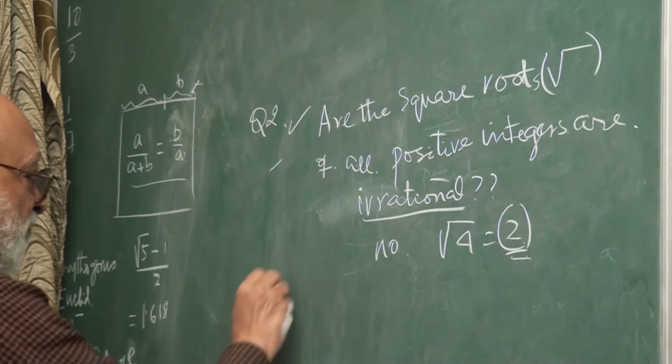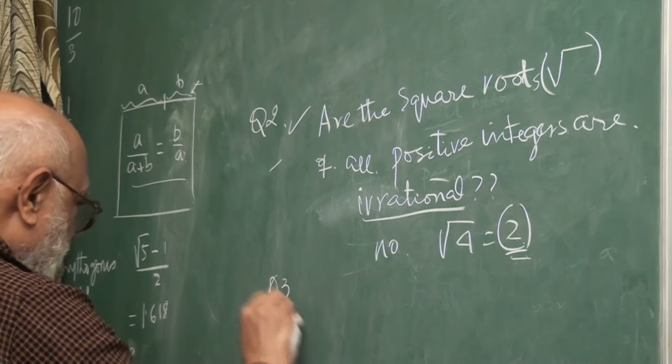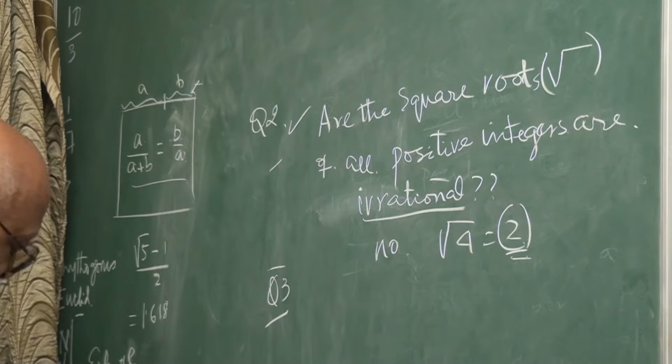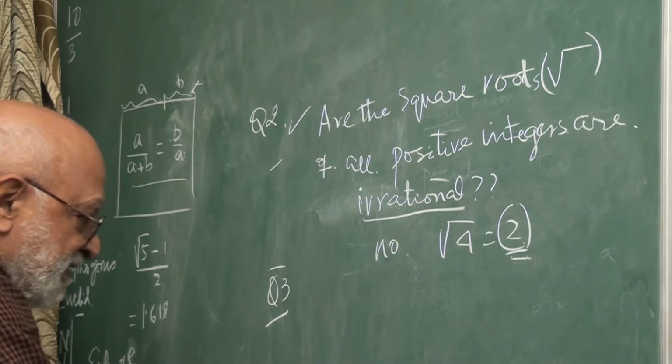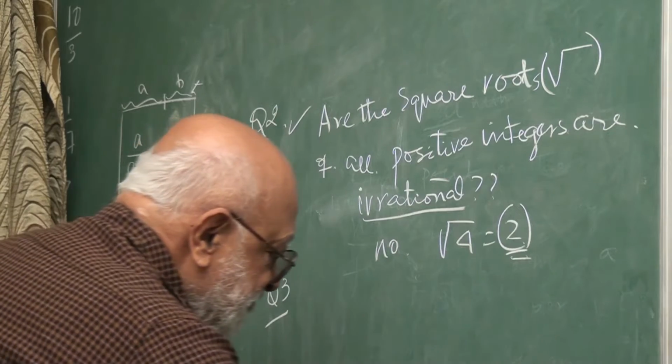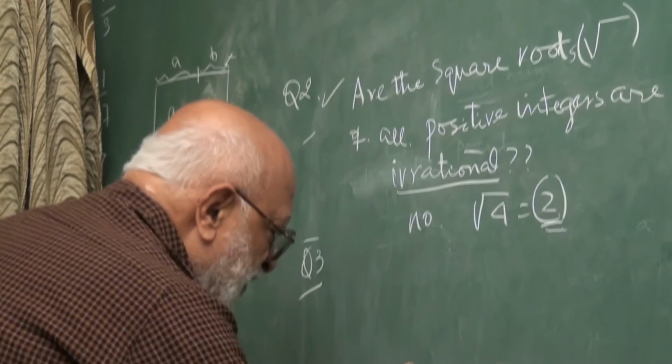Question number 3 we have already done. It says √5 can be represented on a number line. We have said that you take a number line, you take 2 units.